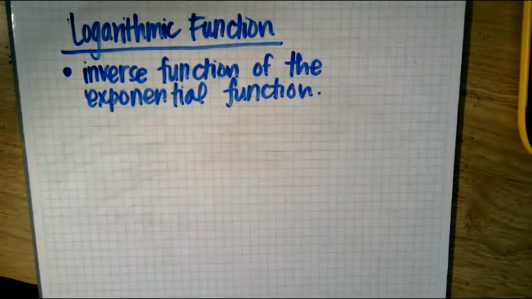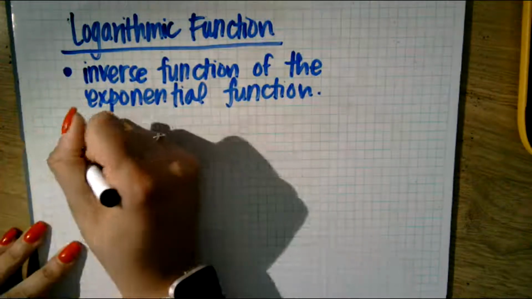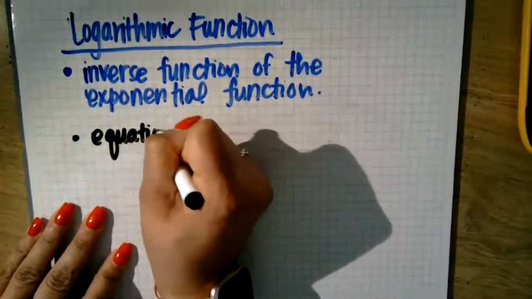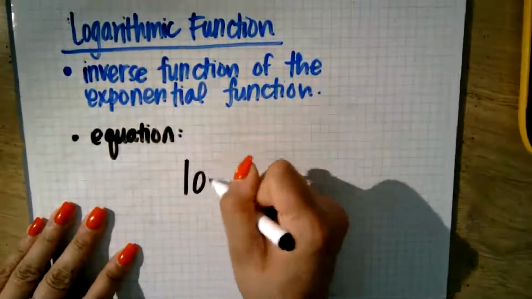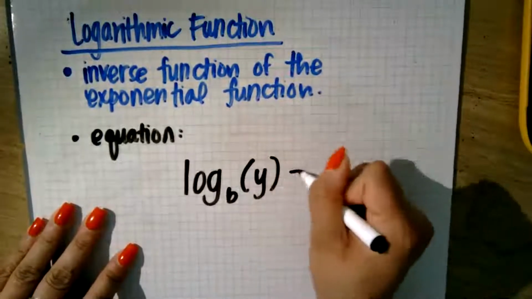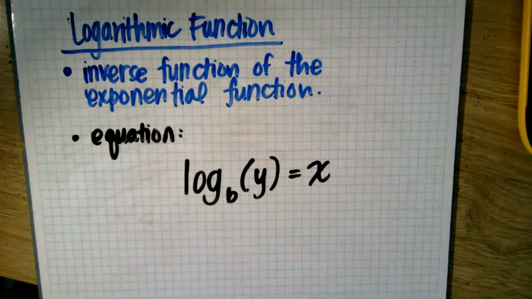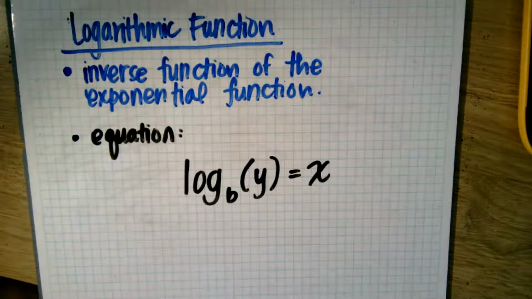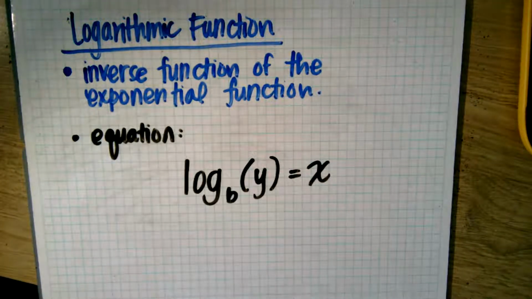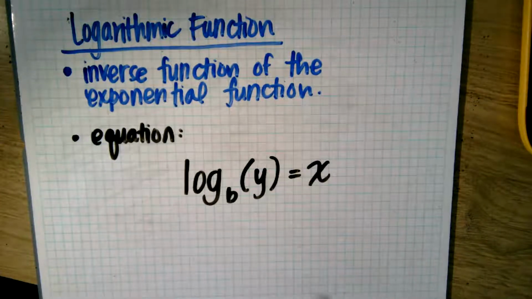Let's look at the anatomy of the form of how we write the equation. The explicit equation for a logarithm looks this way. Okay, so let's go ahead and look at the anatomy of this.